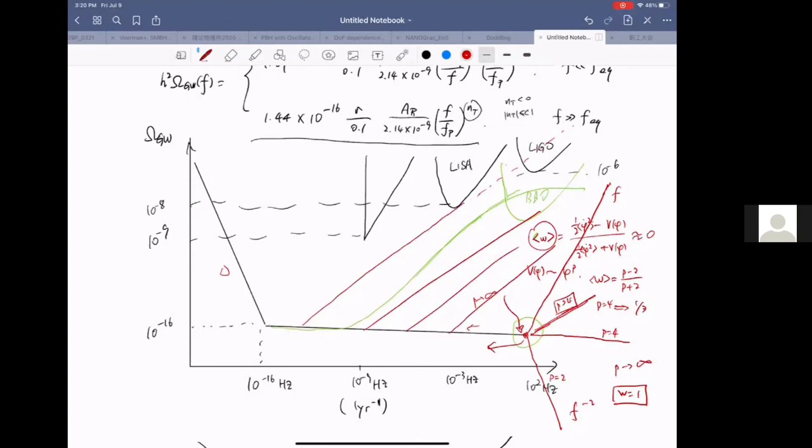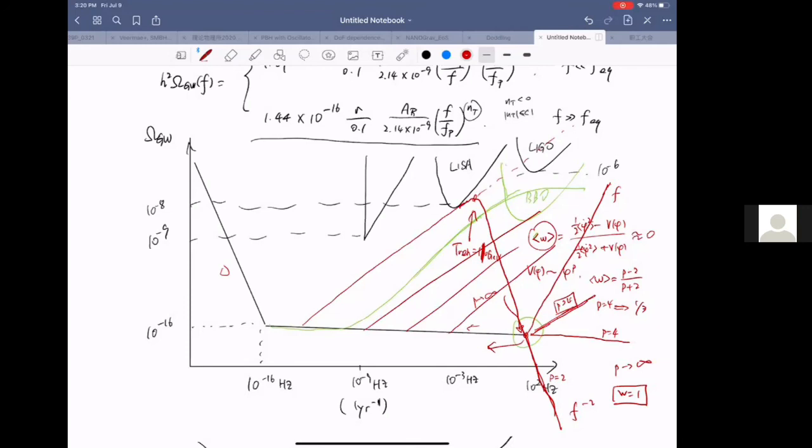It is blue tilted for a while, and then it decreases with frequency, depending on the equation of state. For instance, with a quadratic potential, it just goes down like this. It depends on the reheating temperature, which here is around 100 GeV, maybe smaller, 10 GeV, 1 GeV. If you have low temperature reheating, then yes, everything is fine.